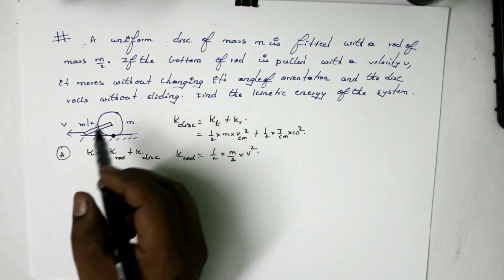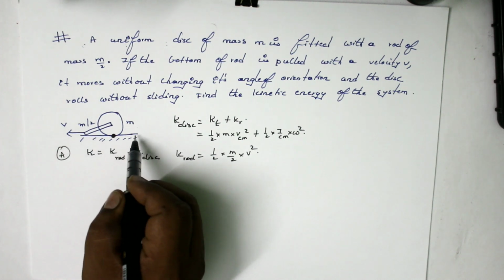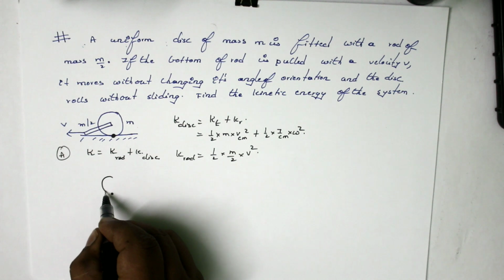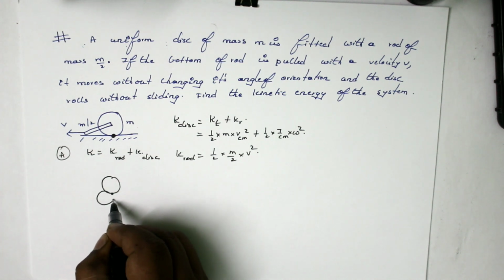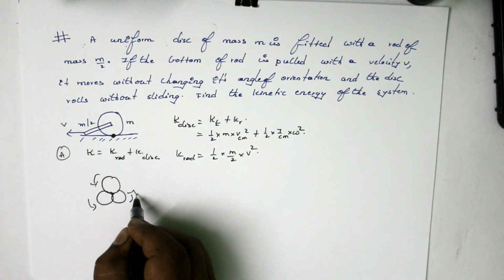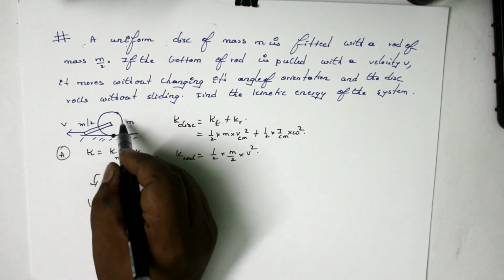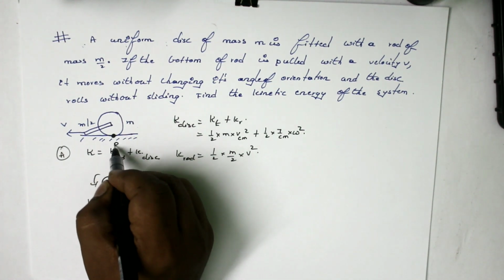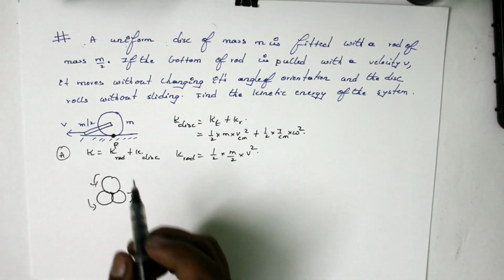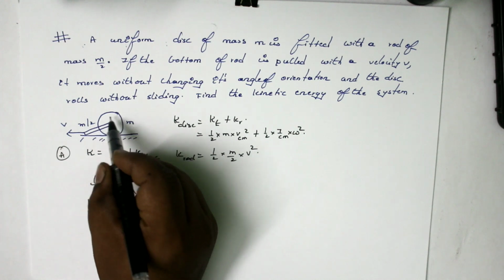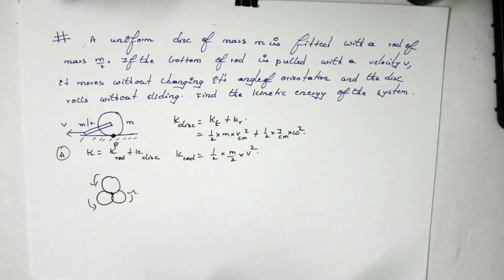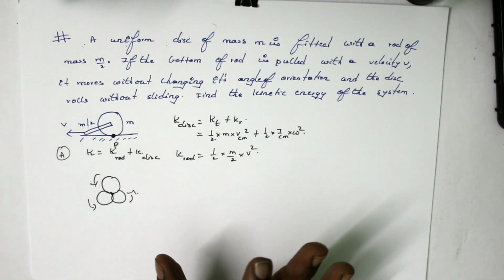If you remove the ground, it is analogous to the disk rotating around this point, like this. So this point P becomes my temporary, or instantaneous, axis of rotation. If I calculate the moment of inertia around this axis, then directly I will get the total kinetic energy of the disk.